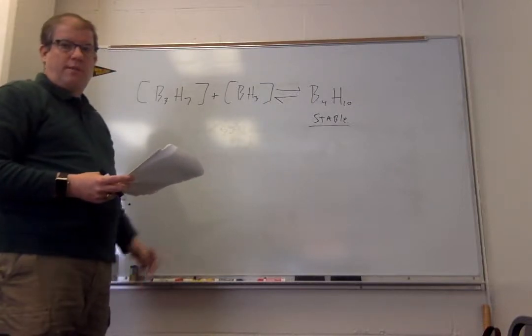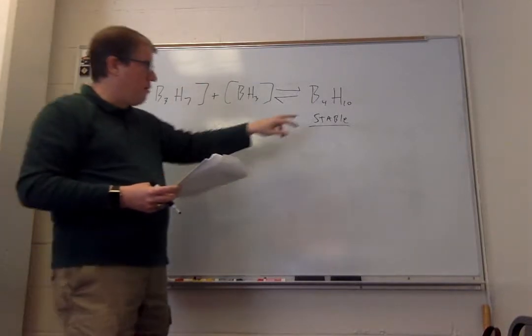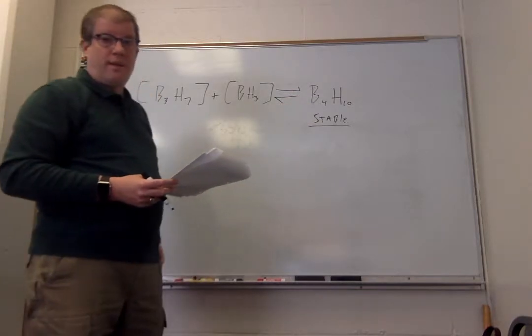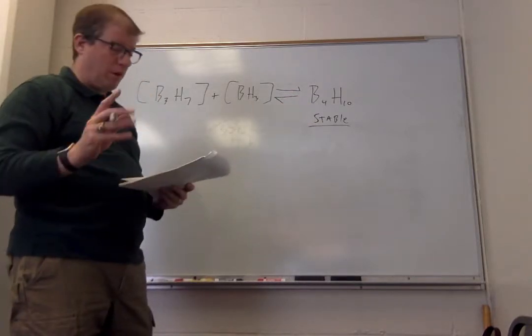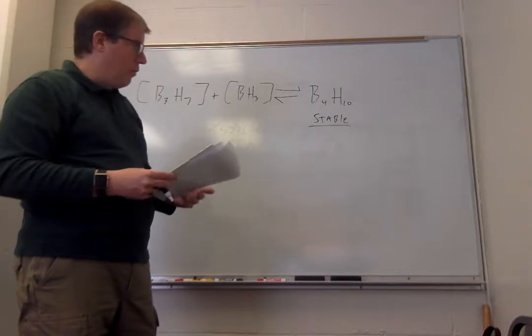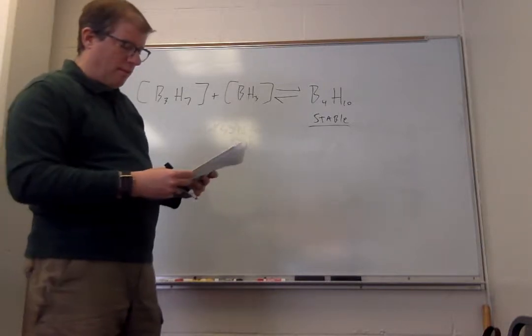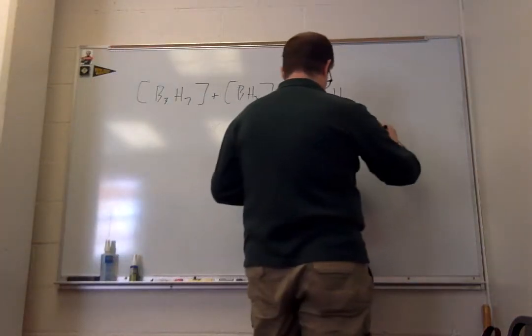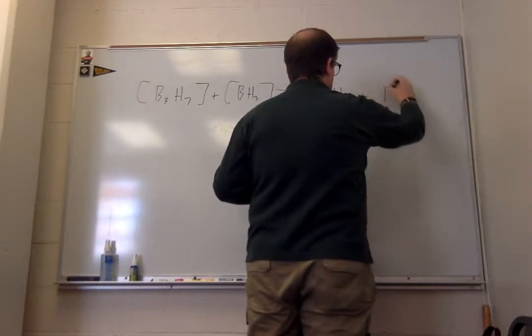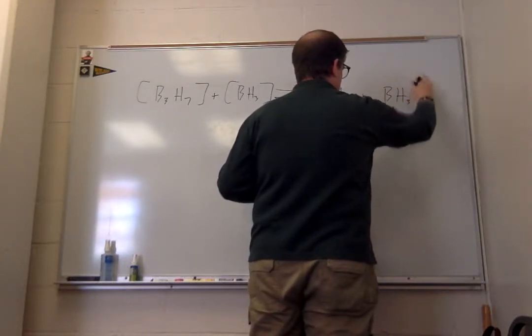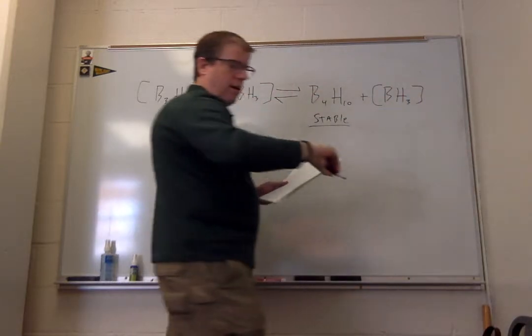And when we do discuss the different structural motifs, you might look at this and immediately recognize that it's an arachno cluster. We're coming to that. Then what happens is sequential reactions with borane.